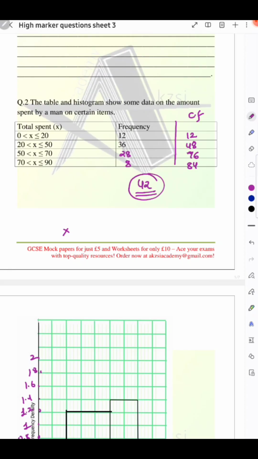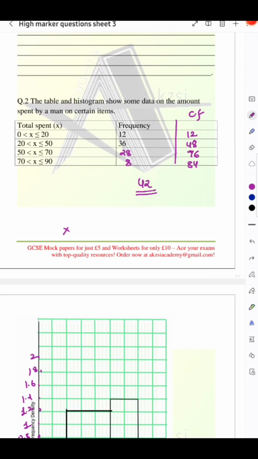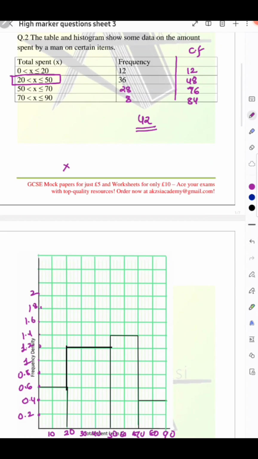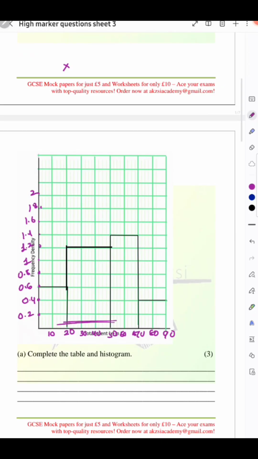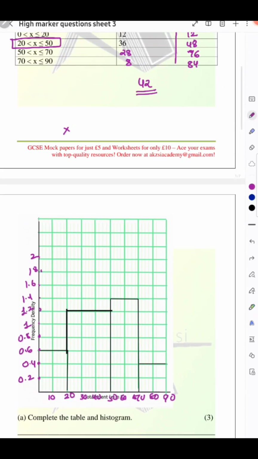So at the 42nd position, I'll get my median. Now we have to see where 42 will lie. Obviously 42 will lie between these two, after 12 but before 48. That means this is the class where our median will fall. So between 20 to 50 our median will fall.